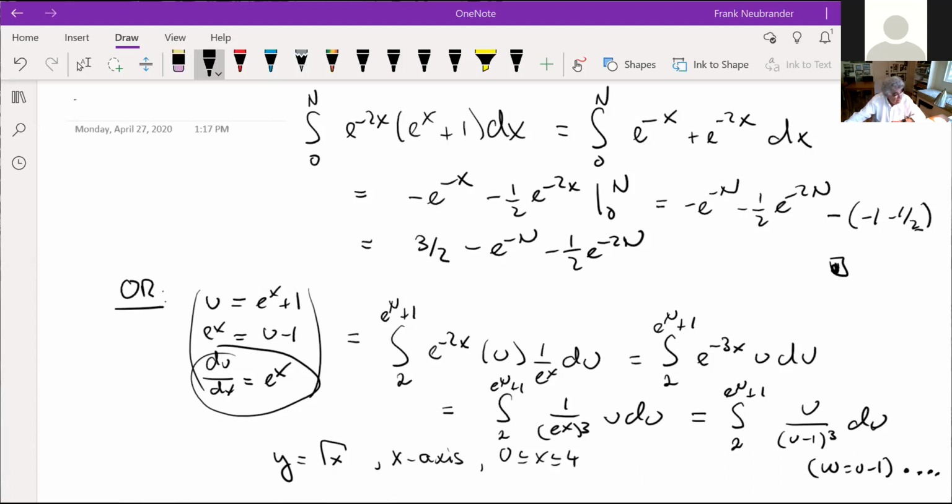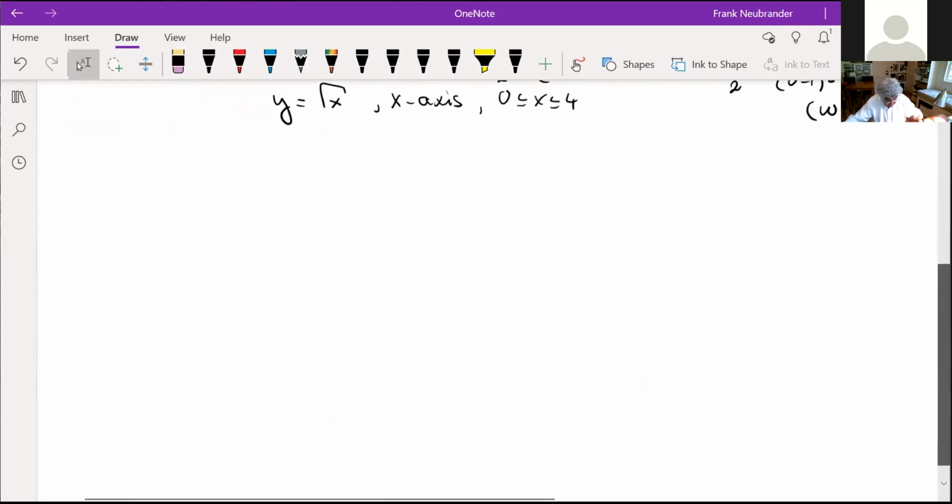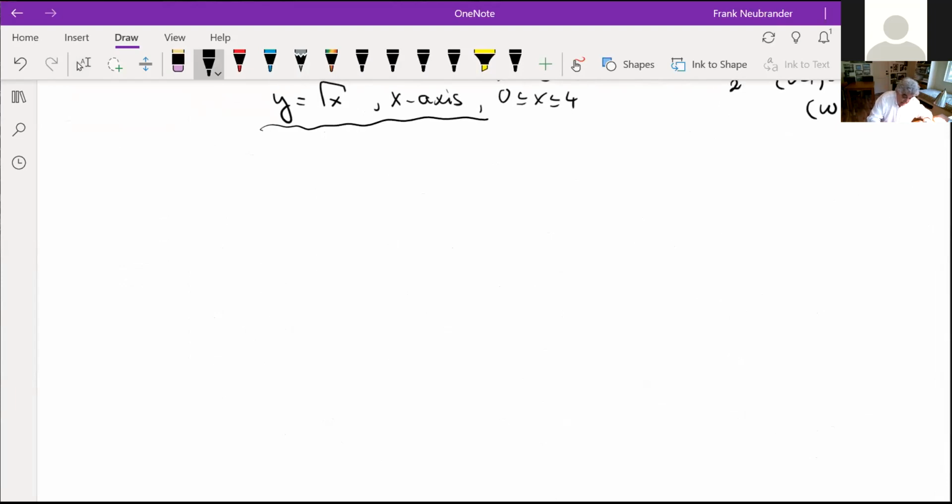Okay, now the main thing for today, problem number 1. Volumes of objects that are revolved about a certain axis. In this case, we take y equal to the square root of x.